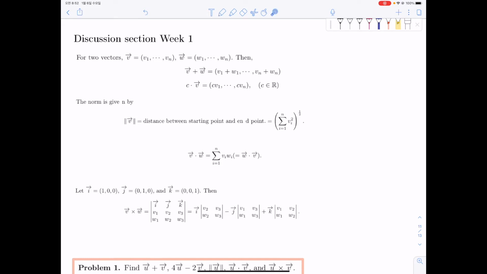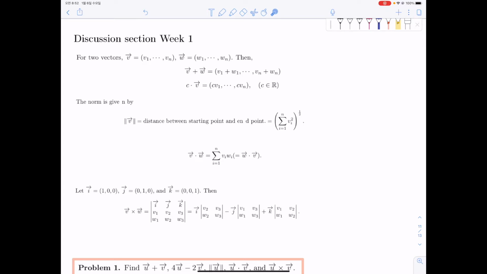If a vector is given by this form, then we can add two vectors and we can calculate scalar multiplication like this. By combining these two properties, we can see that v minus w is equal to v1 minus w1, and so on up to vn minus wn, like this.